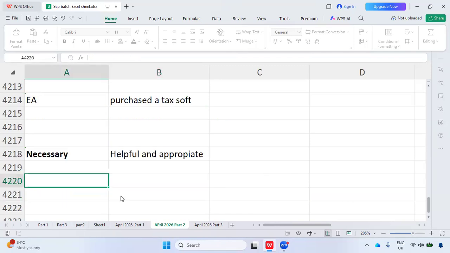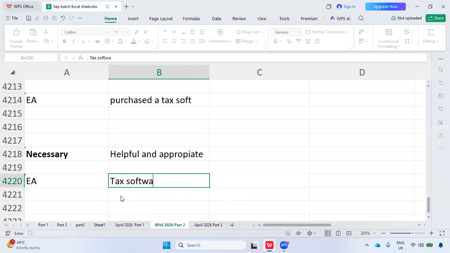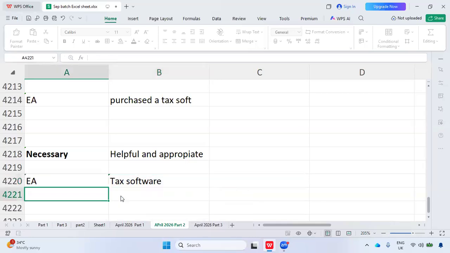Let's say we'll go with one example. So again, the same example. EA purchased a tax software. So is it ordinary? Yes, which is ordinary. Is it necessary? Yes, this will help in preparing the tax return. So this is fine.